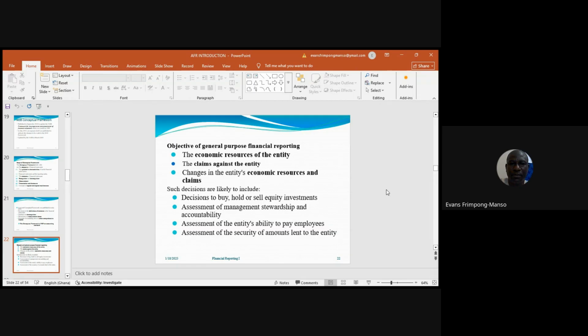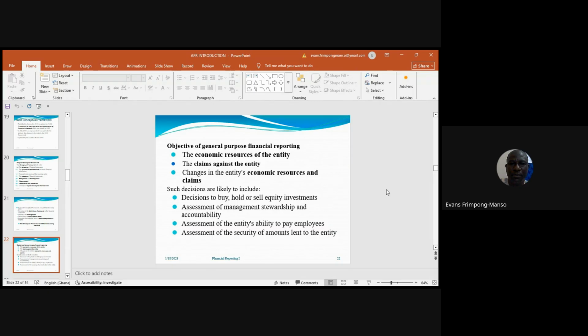If you read further, it will tell you that the objective of preparing financial statements is to provide users with information for their economic decisions. It will show the financial performance of the entity.